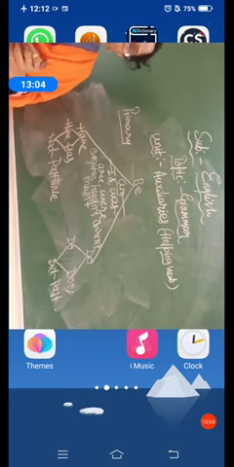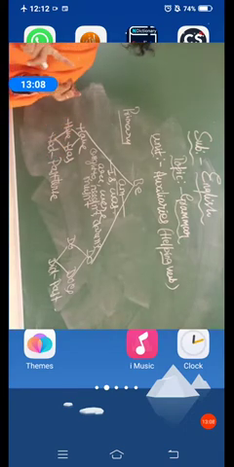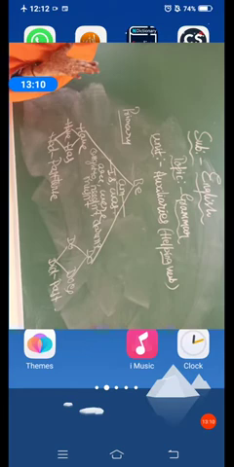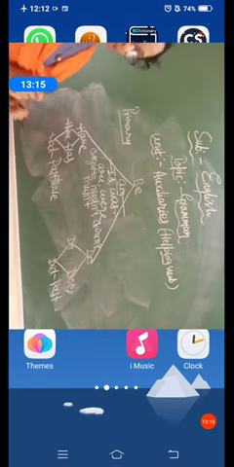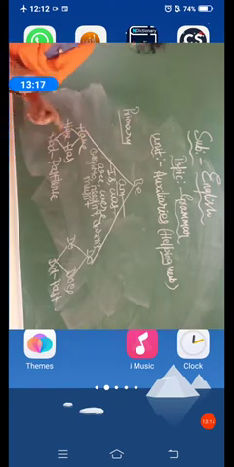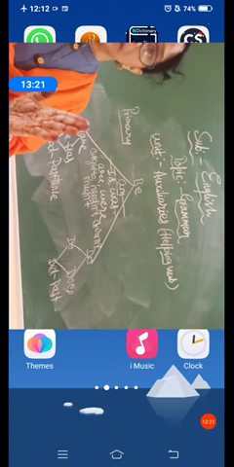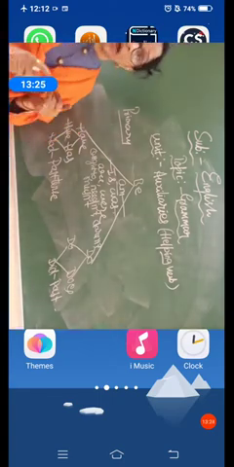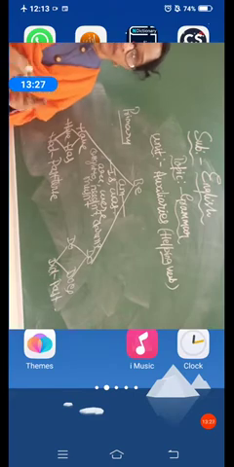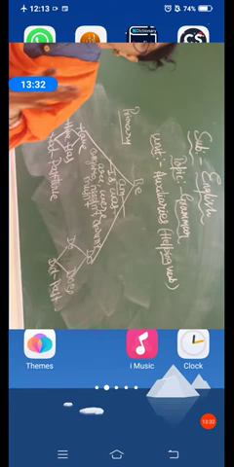Then where are we to use has? He has, she has, it has: third person singular. There are three persons in English: first person singular and plural, second person singular and plural, third person singular and plural. First person singular I, plural we. Second person singular you, plural you.